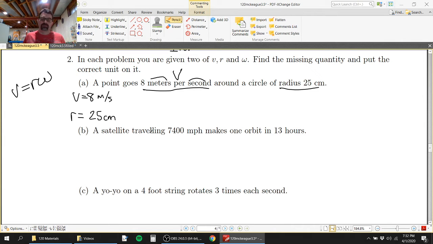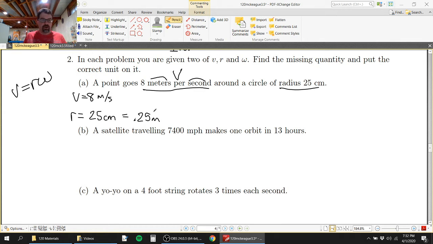Now, we saw this in a previous example. If you're going to use these formulas, V and R both have distances involved, and they would have to be in the same distance unit. So we can either turn the centimeters into meters or the other way around. This would be the same as 0.25 meters because there's 100 centimeters in a meter.